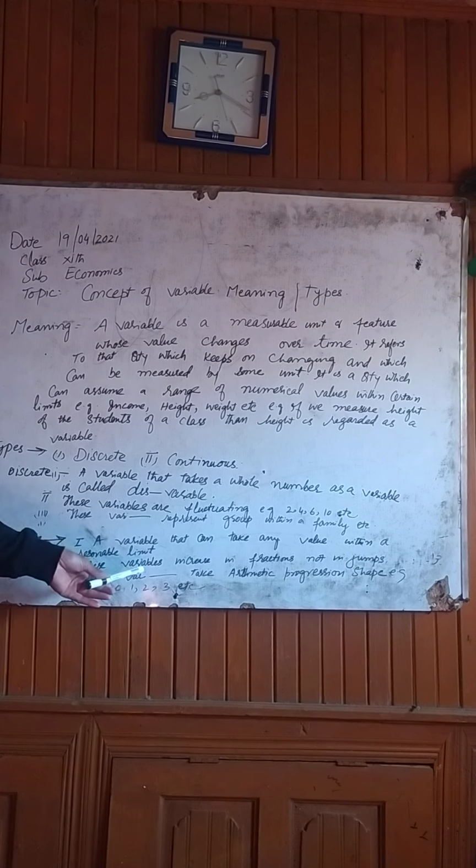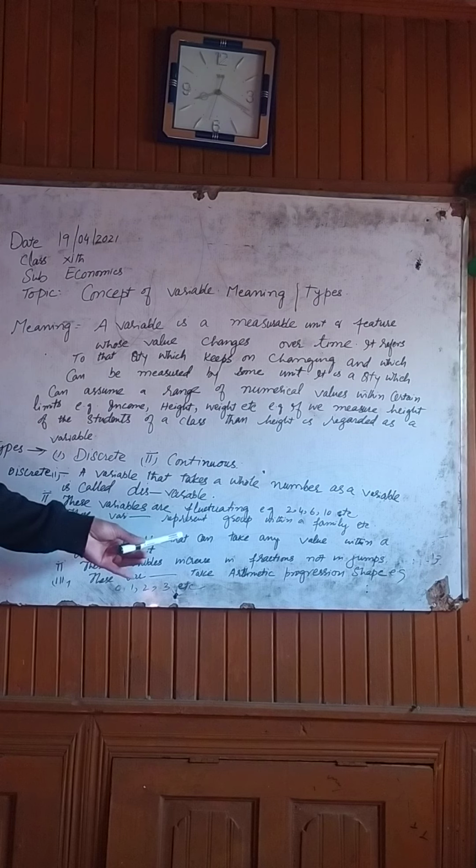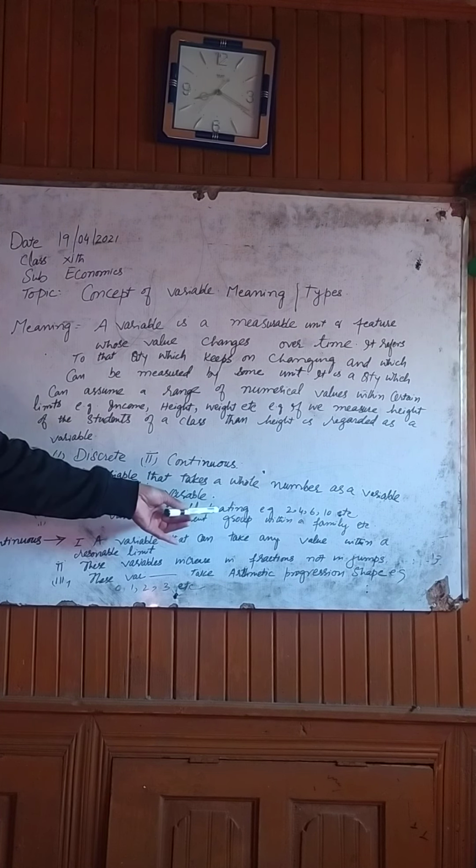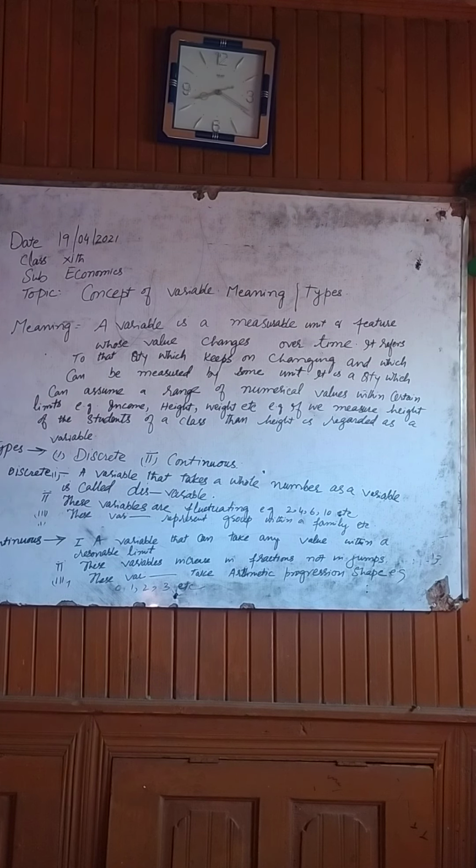Earlier it was a variable that takes a whole number. And these variables increase in fractions, not in jumps. In the discrete case it jumps and fluctuates in an unsystematic manner.